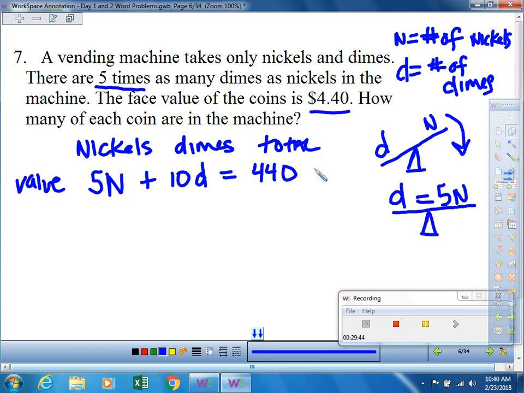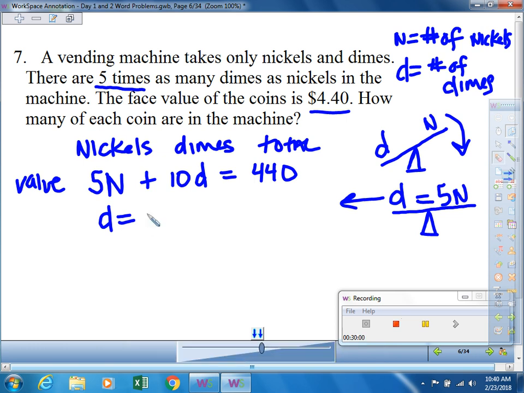Do you have your notes? You should be writing all this down. Okay, so now there's my second equation. D equals 5n. What method is this set up for? Substitution.